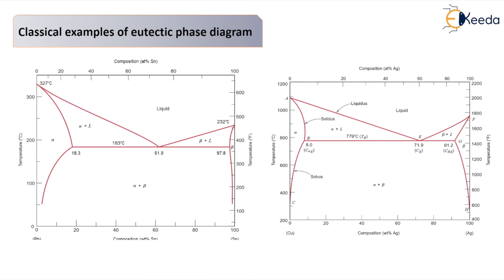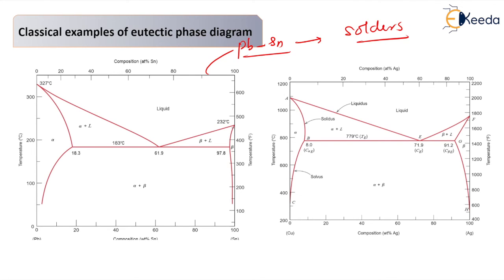So dear students, if I take this classical example of a eutectic phase diagram, this is our lead and tin alloy, which is used to make solders.